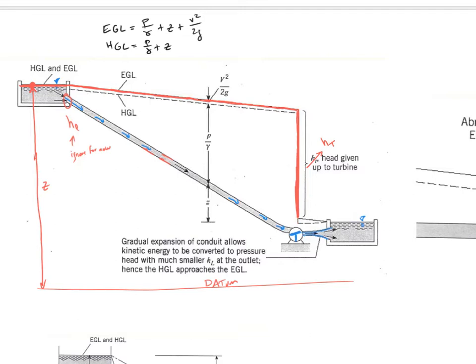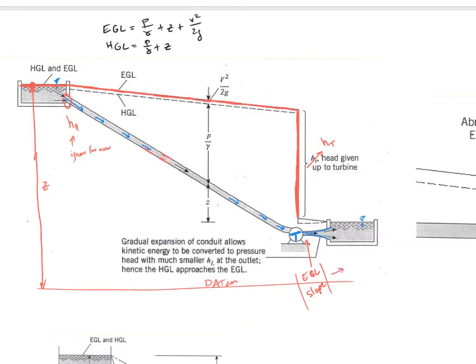Where it comes out, we're now in this new pipe. I want to note that the absolute magnitude of the EGL slope is going to be largest in narrow pipes, and there's a reason for that.